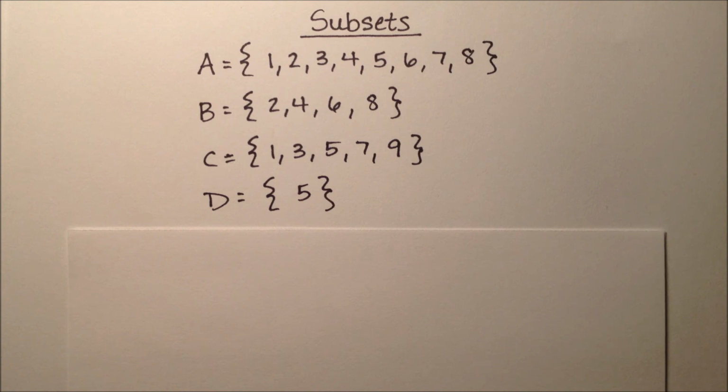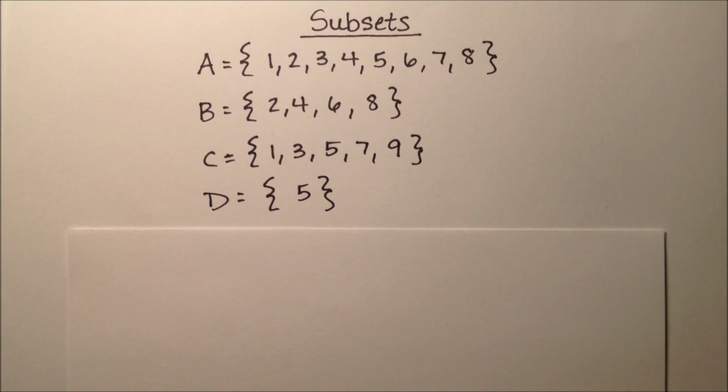And set D has a lone member, just 5. So when we deal with subsets, we can say that set B is a subset of set A because every member that's in B also appears in A. Likewise, we could say that set D is a subset of set A because its lone member 5 also shows up in A.